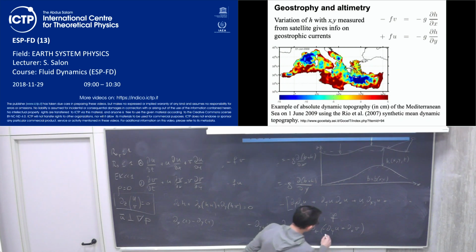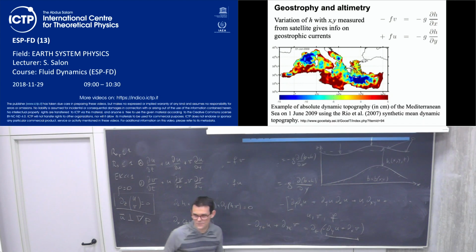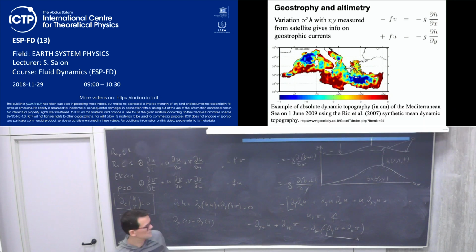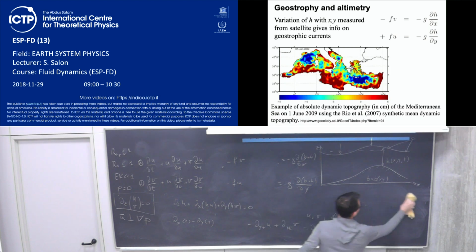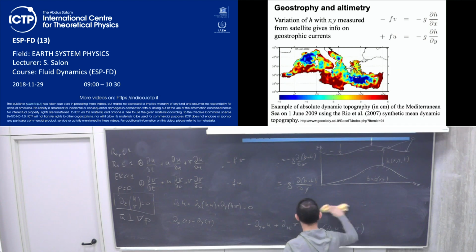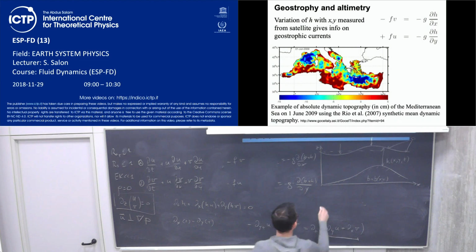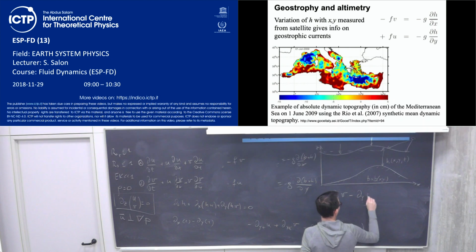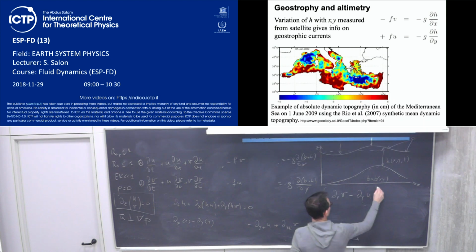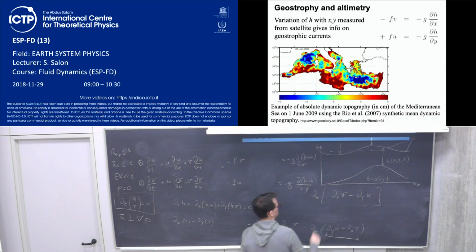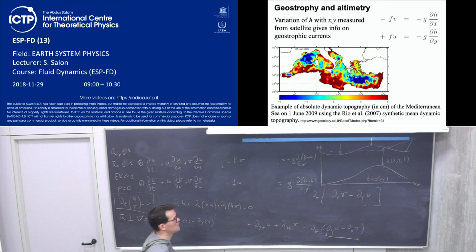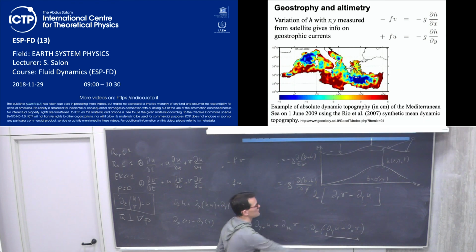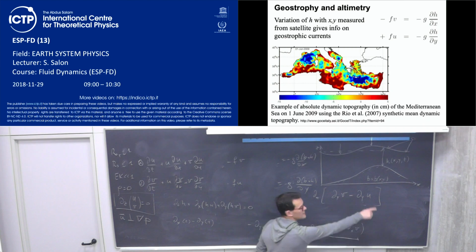So this expression here, can you recognize it? You should recognize it from the first part of the course. I write it a little bit larger here: it's dv/dx minus du/dy. So this will be the first term of the new equation. Can you recognize this expression?